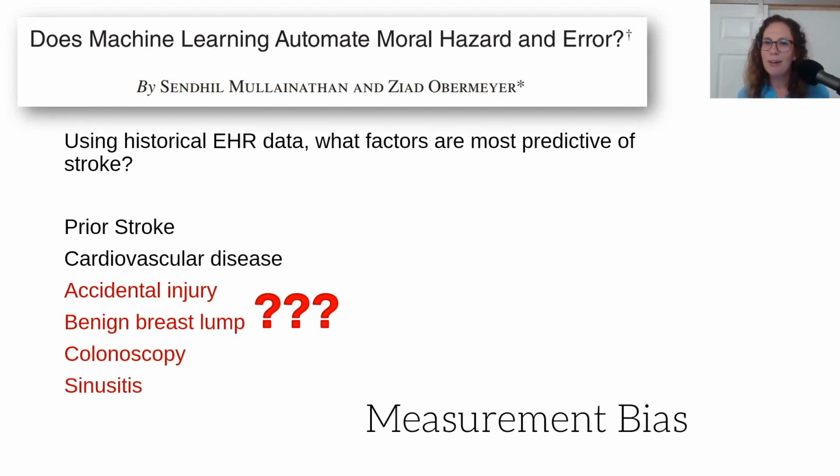Does anyone want to think about why this might be? Any guesses you want to read? There's lots of things. Okay, the first answer was they test for it anytime someone has a stroke.